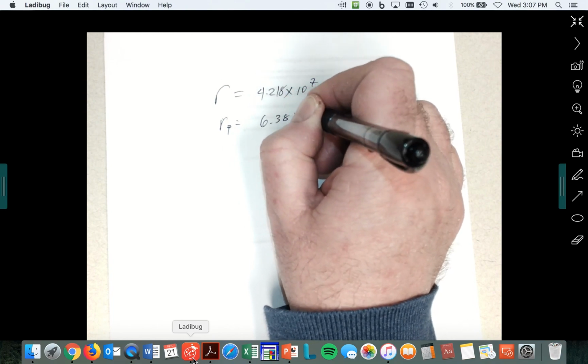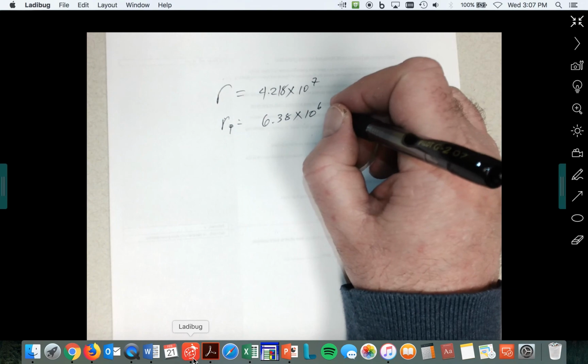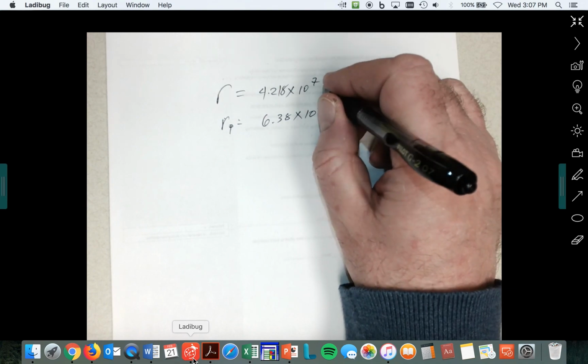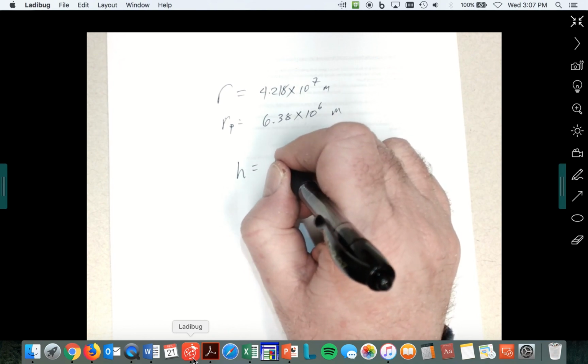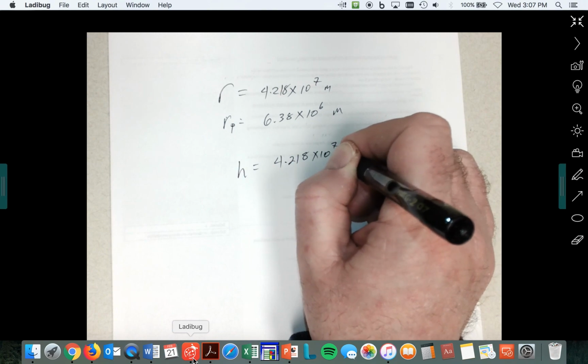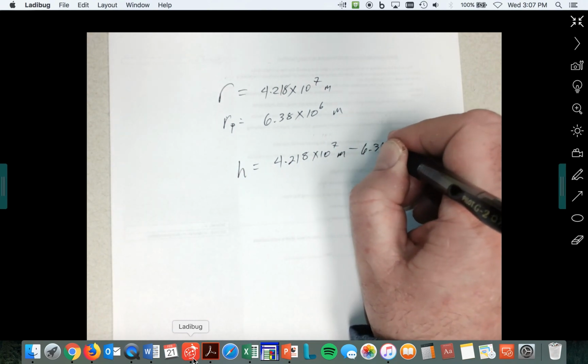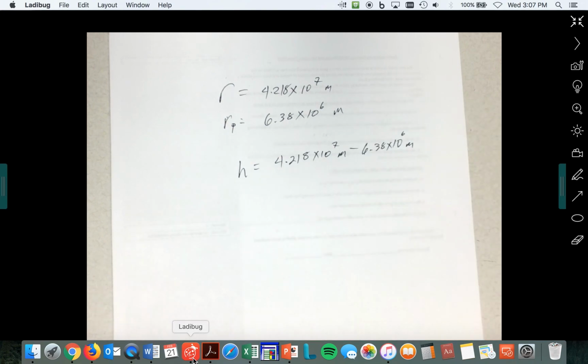Let's go with what their book says, times 10 to the 6th meters. So the altitude is 4.218 times 10 to the 7th meters minus 6.38 times 10 to the 6th meters. This doesn't look like it's going to be right.